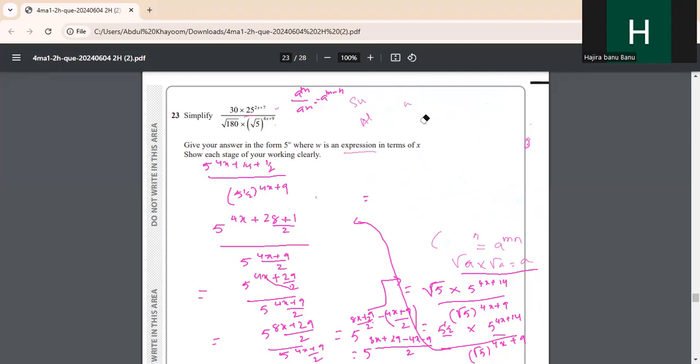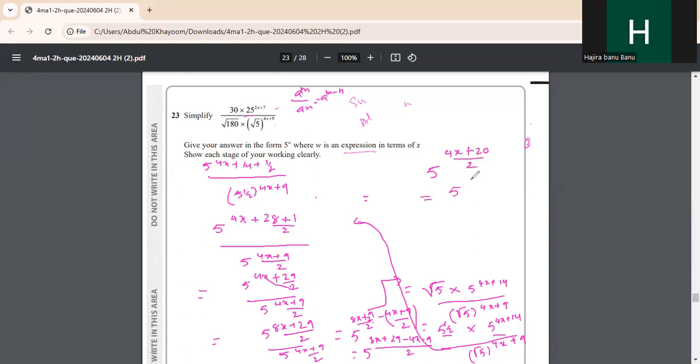This all is extra working. You can omit the extra working if you are perfect. And this all I'm doing just to explain, just everybody should understand. 8x minus 4x is 4x. And plus 29 minus 9 will be plus 20 divided by 2.